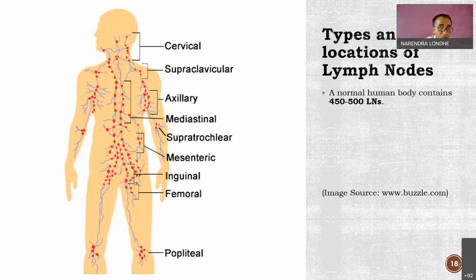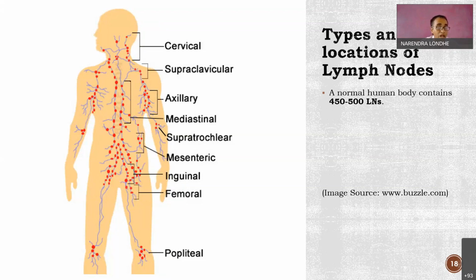So if you properly monitor the lymph node close to the liver, you will first find the symptoms of the liver infection at that lymph node. And after finding the abnormality in the lymph node, you will go for a proper scanning of your liver to see exactly where the problem is.